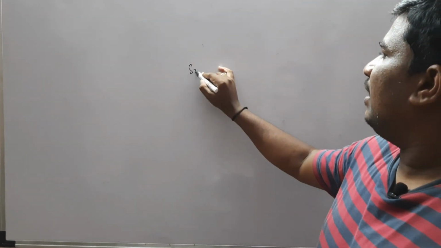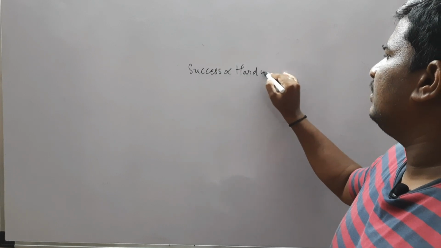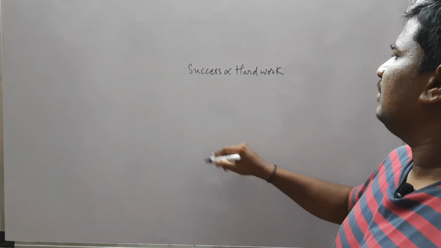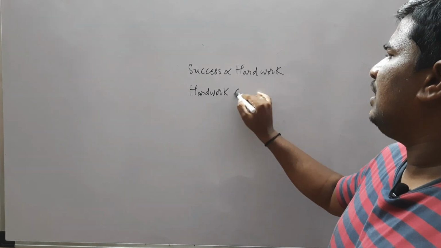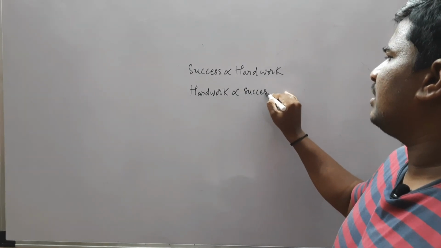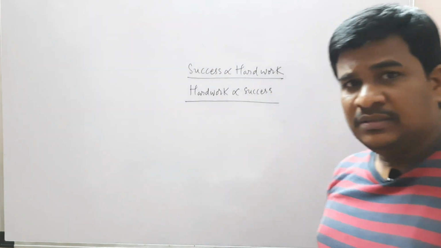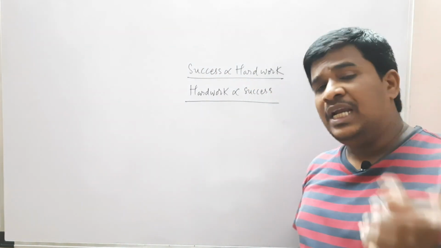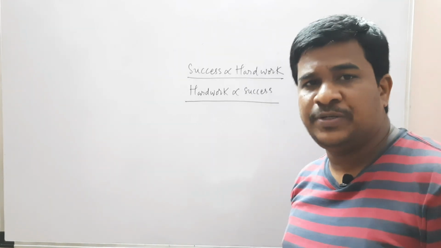See, success is directly proportional to hard work. Hard work is directly proportional to success. Please take these two examples. You might be clear where the independent variable has to be placed, where the dependent variable has to be placed.